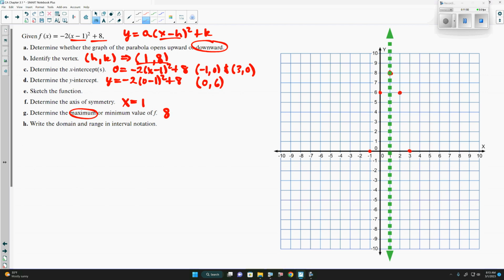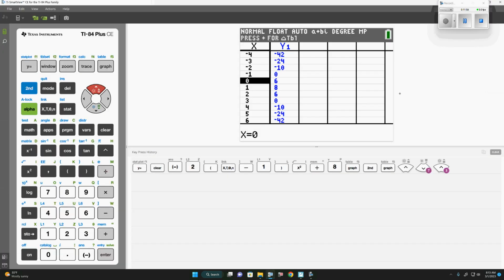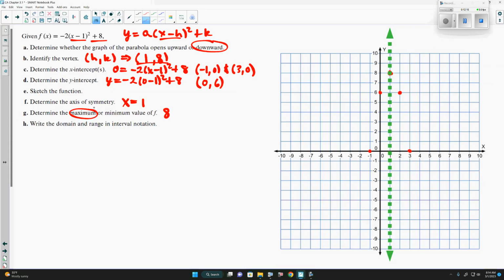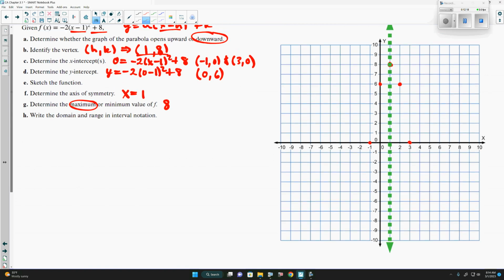Because again, all points are going to mirror this line. And even if we look at the graphing calculator, at 2, I have a y value of 6. So every point that we go away from that vertex, x-wise, the y value should mirror. Because we have 8, 6, 0. So especially if you're graphing these by hand, as long as I get 2 in one direction, I should know the 2 in the other.